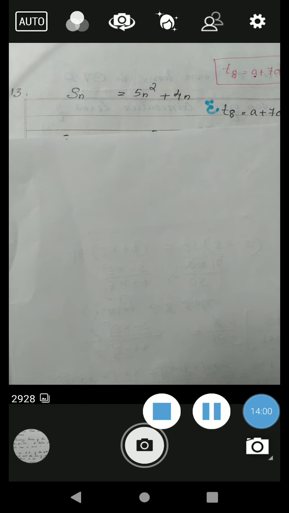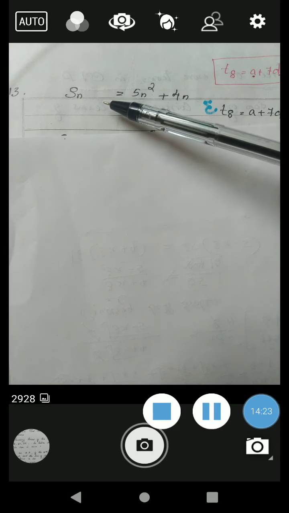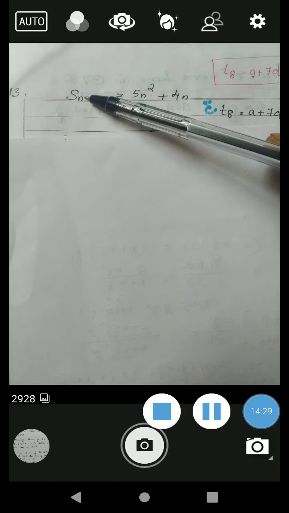Now, question number 13. The sum of n natural numbers is 5n square plus 4n. Find its 8th term. So, here is the sum of n natural numbers. Here we can find first term, second term, etc. S1 is the first term.